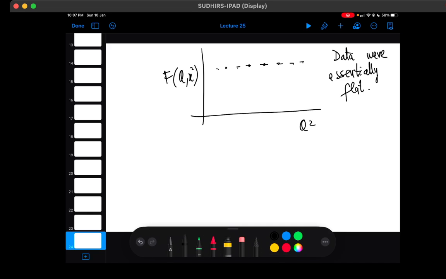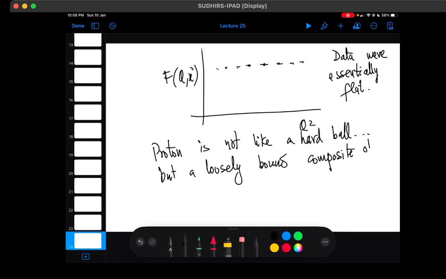So the total q square is not hitting the full thing like a hard ball. The proton is not like a hard ball, but a loosely bound composite of its constituents.